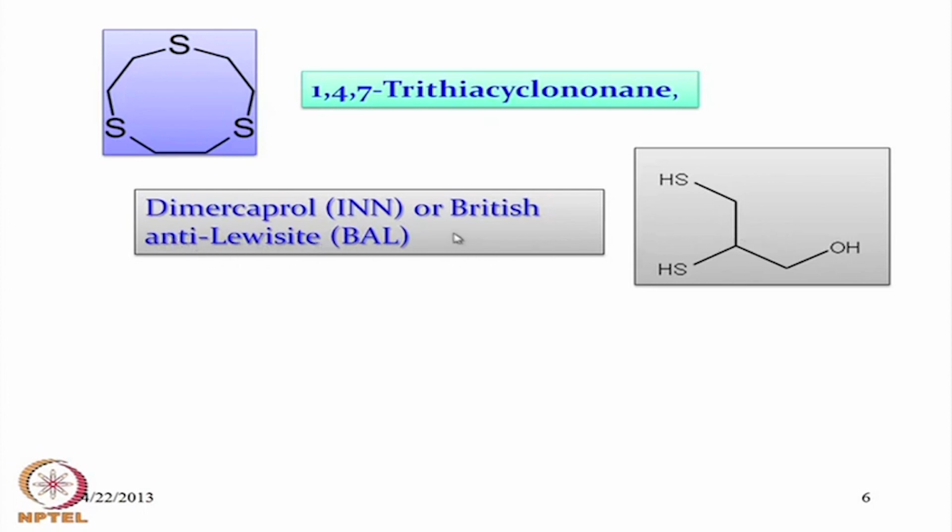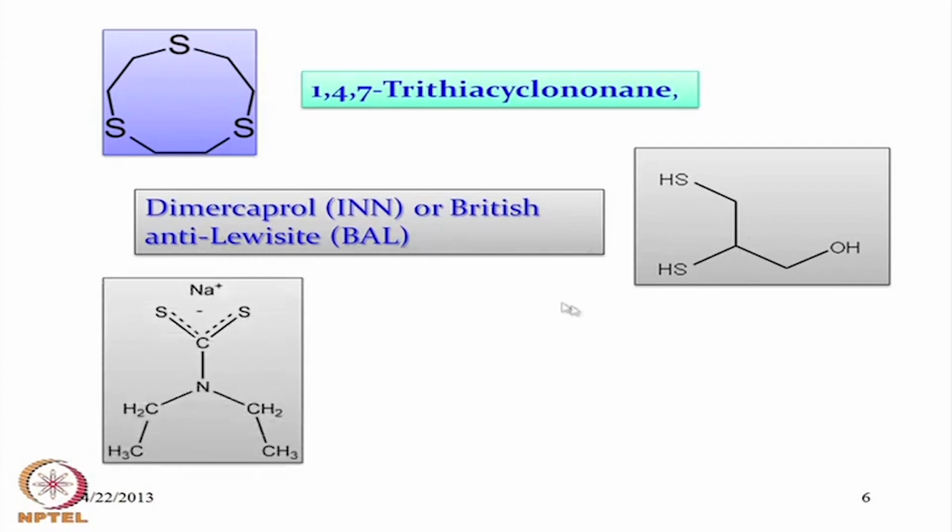And during World War II, this was developed as dimercaprol, or British anti-Lewisite molecule, we call it, because it binds heavier metal ions like cadmium, zinc, mercury and all these, which are very much poisonous.